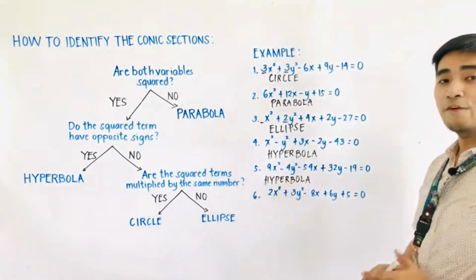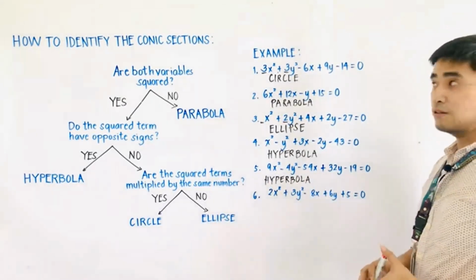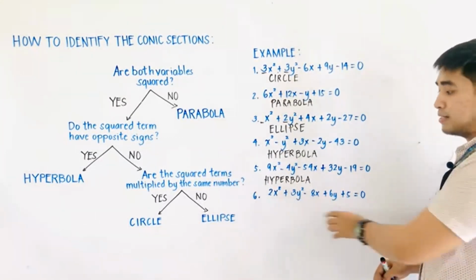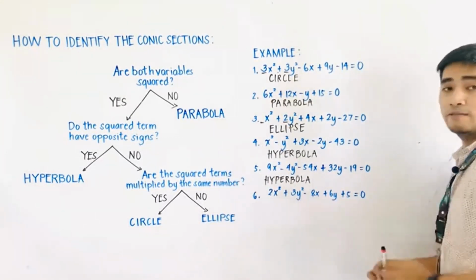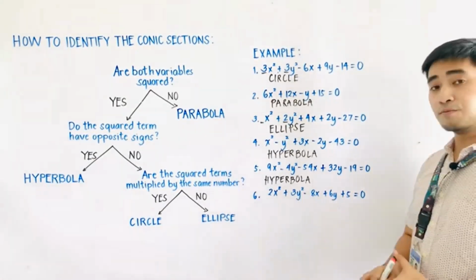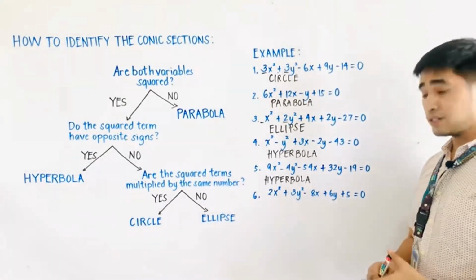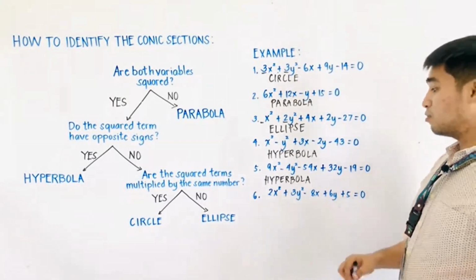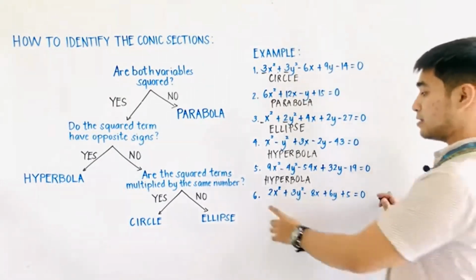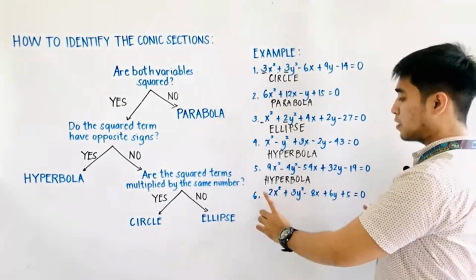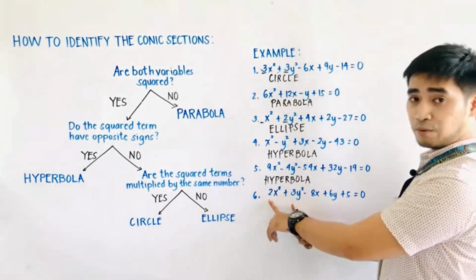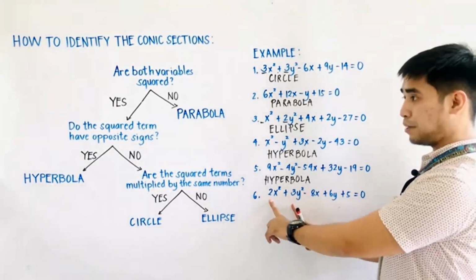Okay? And for the last one, let us now identify the type of conic section for the last example. This is 2x squared plus 3y squared minus 8x plus 6y plus 5 is equal to 0. Again, let's go back to our guide questions. Are both variables squared? We have 2x squared plus 3y squared. Yes, they are both squared.